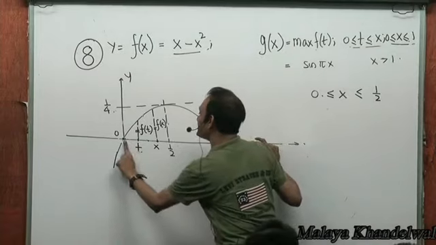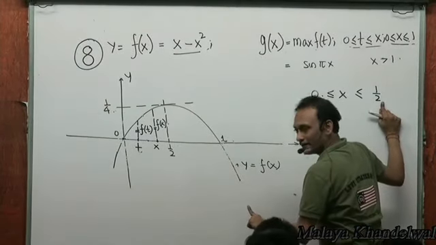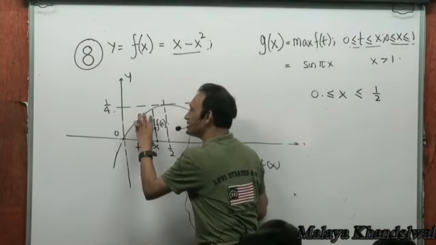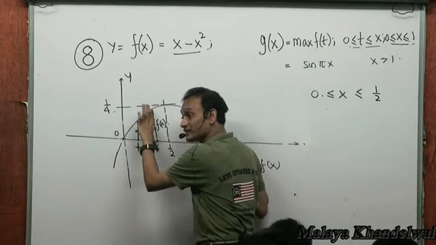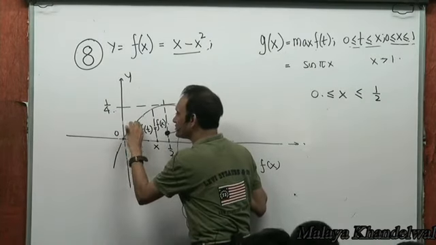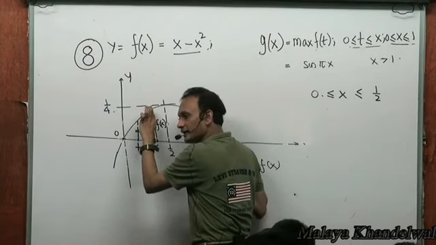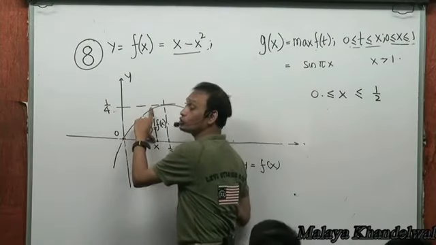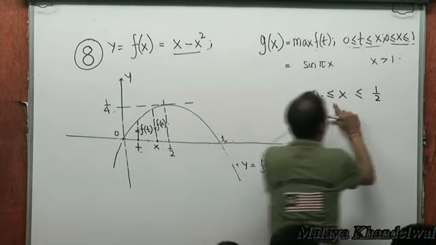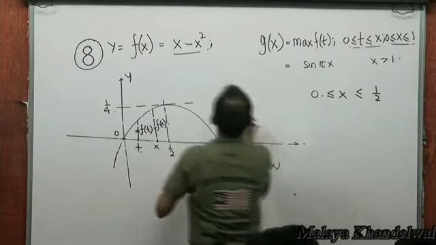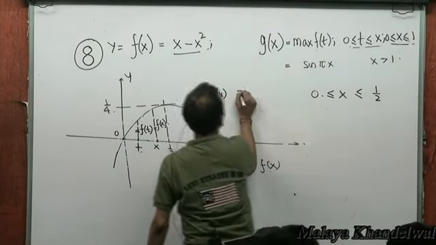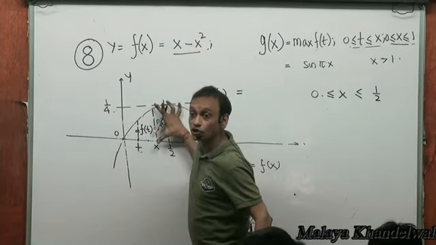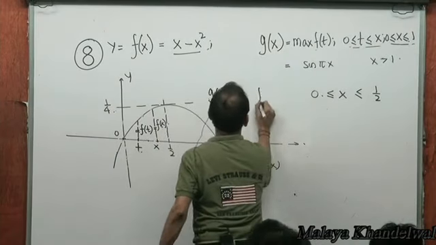That greatest f(t) will also be g(x). So for this interval, g(x), which is the maximum f(t), will be f(x) itself.